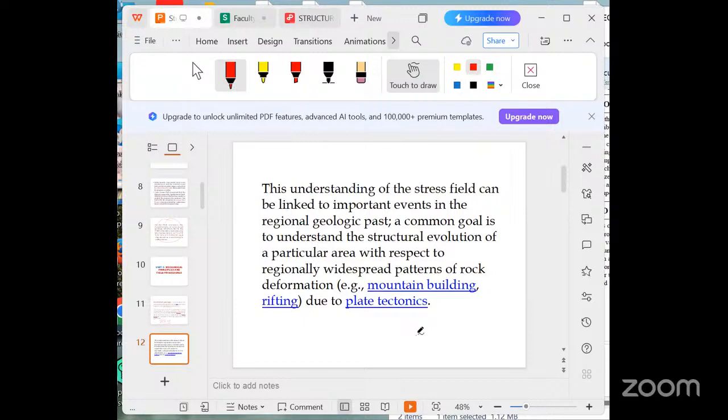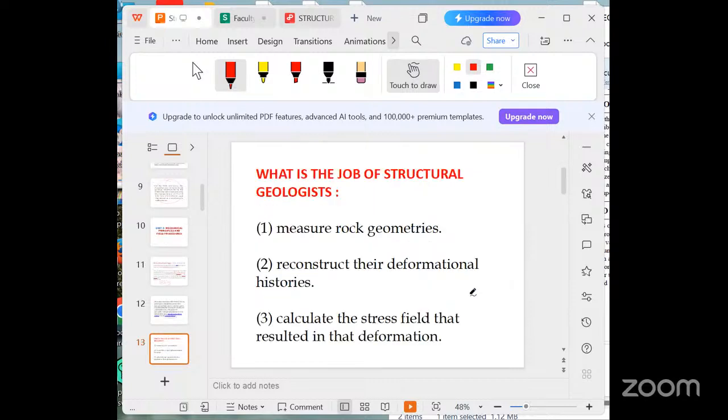Now this understanding of the stress field can be linked to important events in the regional geological past. A common goal is to understand the structural evolution of a particular area with respect to regionally widespread patterns of rock deformation. Examples are mountain building and rifting, that is due to plate tectonics.